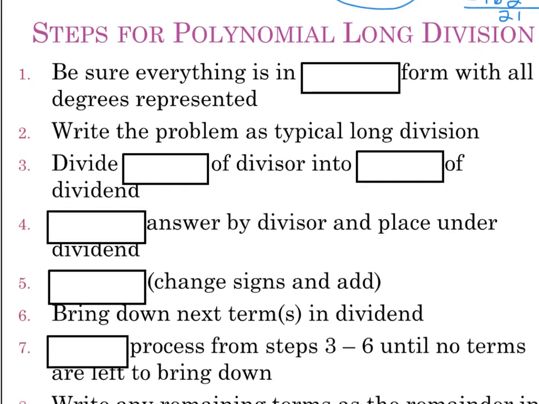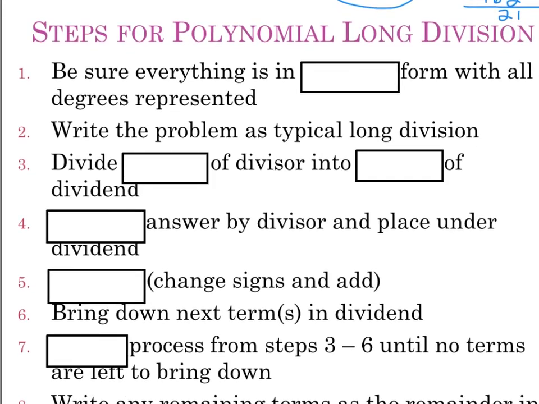So for our steps, you want to be sure everything is in standard form with all degrees represented. Again, I will show you an example of that. Write the problem as a typical long division, which is what I just did with the numbers.